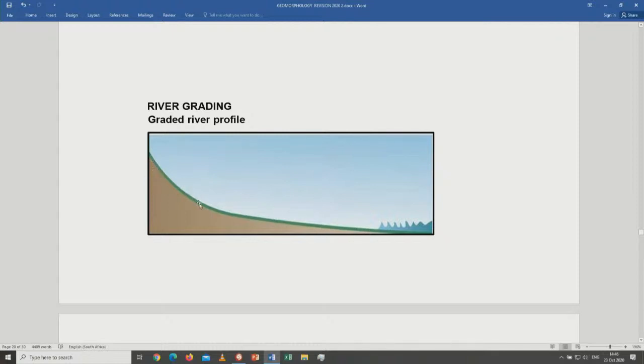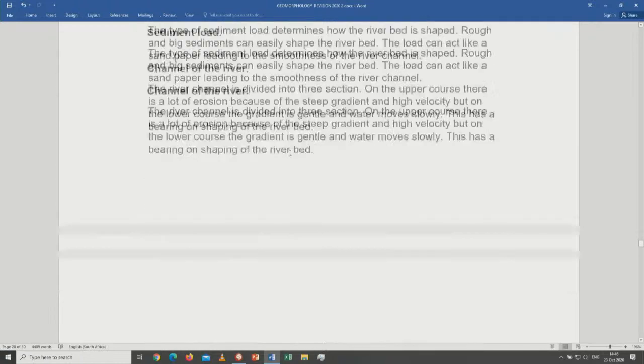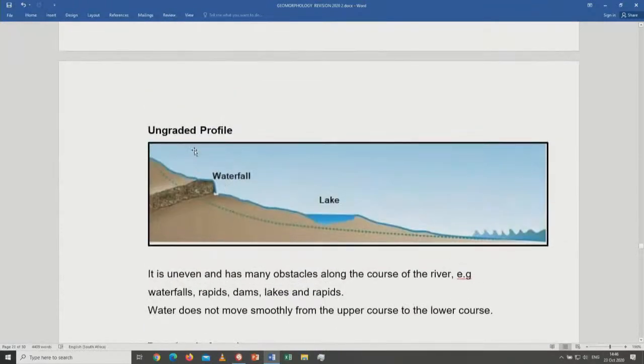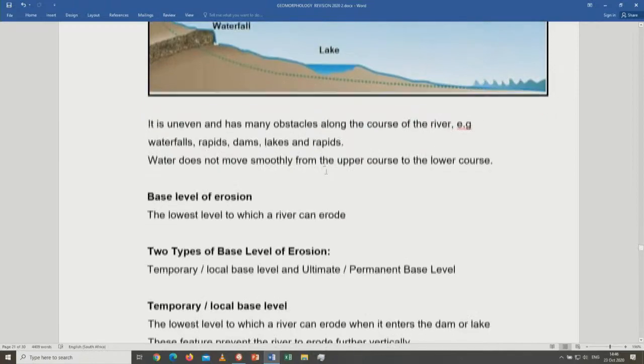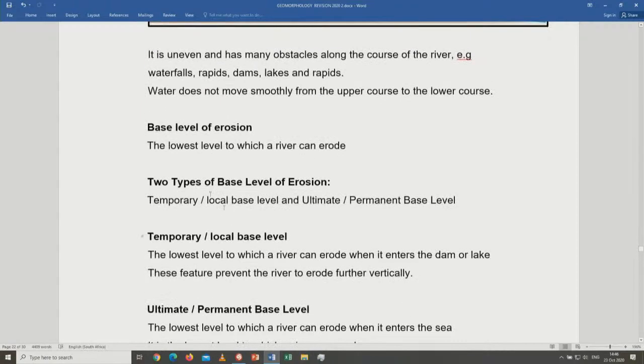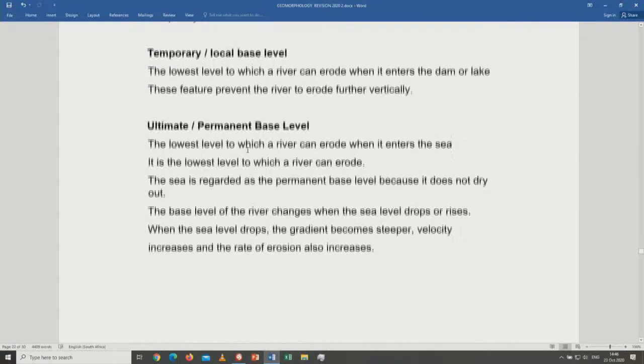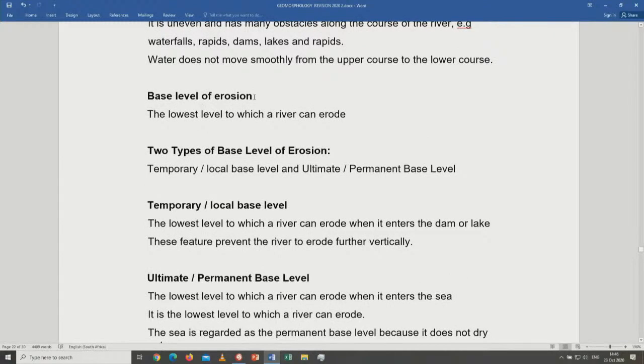There's no temporary base level over here. But if you look at this one over here, it's an ungraded profile. There's a temporary base level of a river over here. See, there's a waterfall. Also, there's a lake over here. And then we have a base level of erosion, which is the lowest level to which a river can erode.